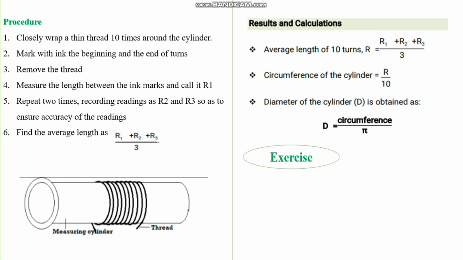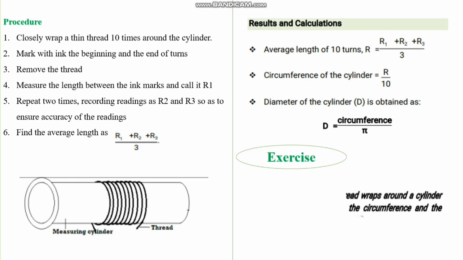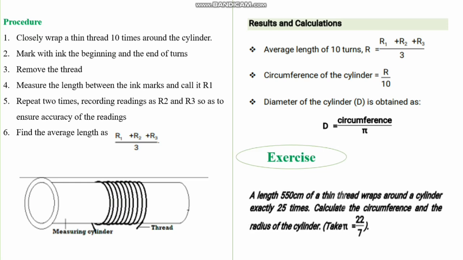So this is an exercise that you may try, and I'm going to give you a hint on how you will solve this question. A length 550 centimeters of a thin thread wraps around a cylinder exactly 25 times. Calculate the circumference and the radius of the cylinder. Remember, as we said, this length of the thread wraps the cylinder 25 times, and 1 time is equal to the circumference of the cylinder.